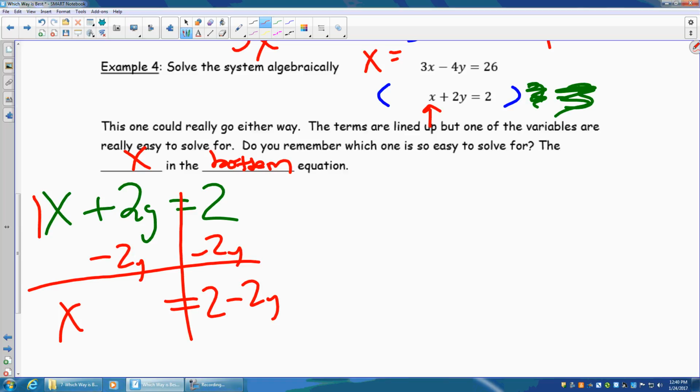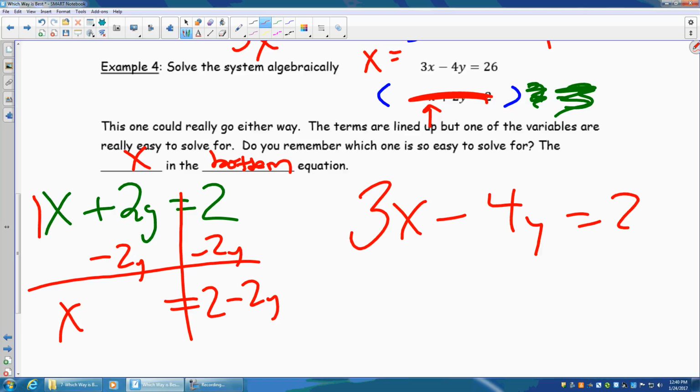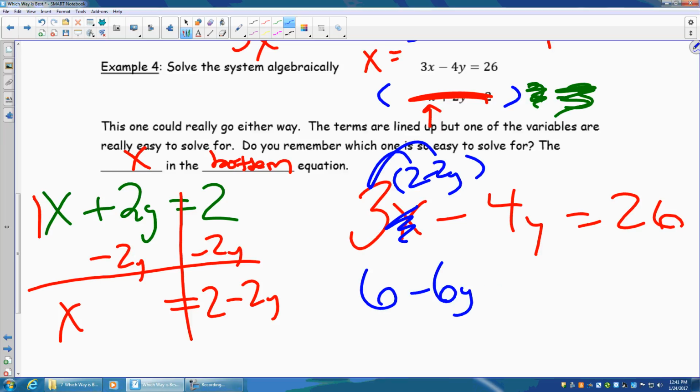Right? So now it's just like those ones up above where I cross this out, I rewrite 3x minus 4y is 26. This is the last one, guys, and then you're going to work with each other here. I'm going to get rid of this x and put in 2 minus 2y to get 6 minus 6y minus 4y is 26.